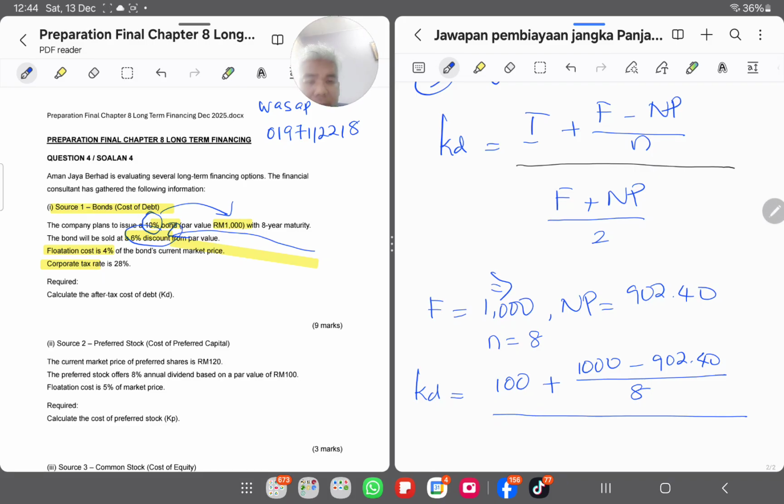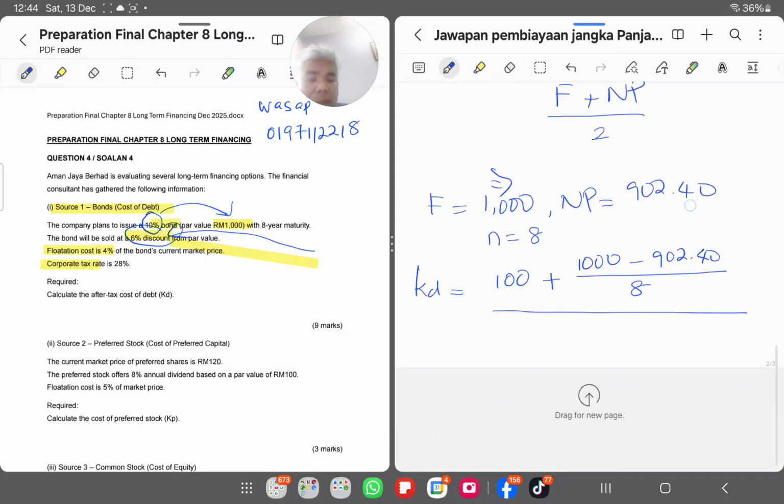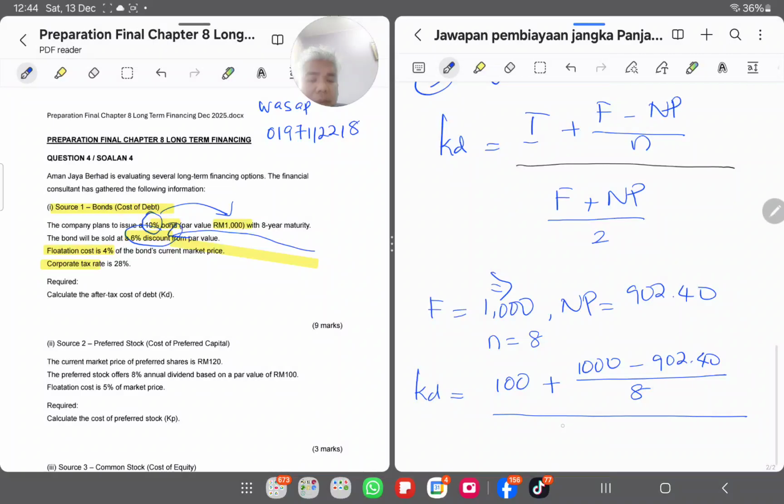and F is 1000 plus NP is 902.40 and divide by 2.